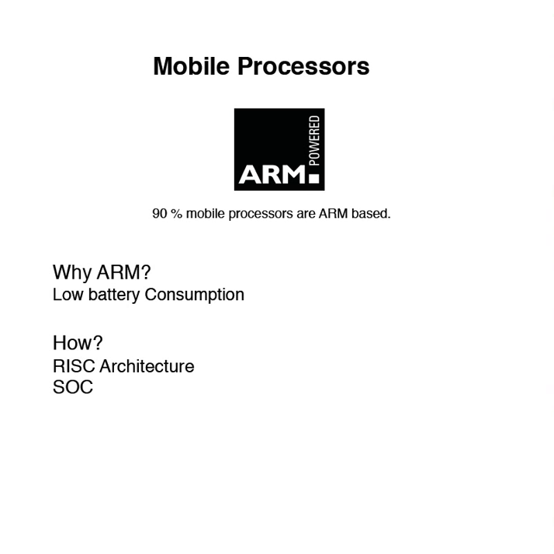So how does it manage to use less battery? It uses a reduced instruction set architecture, that is RISC architecture, which is highly efficient in energy terms compared to x86 or other architectures used in desktop class computing.